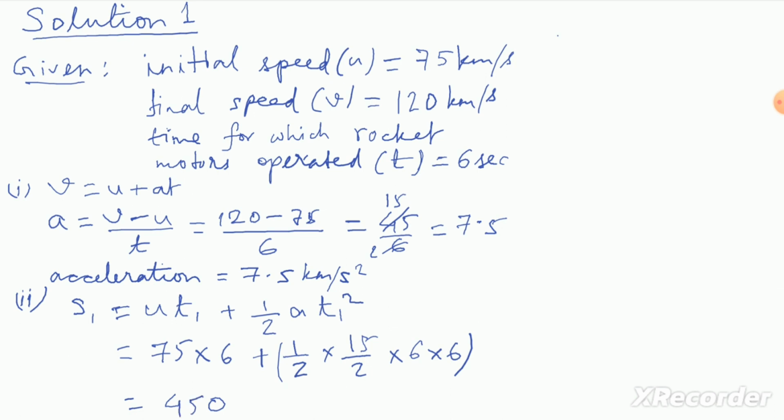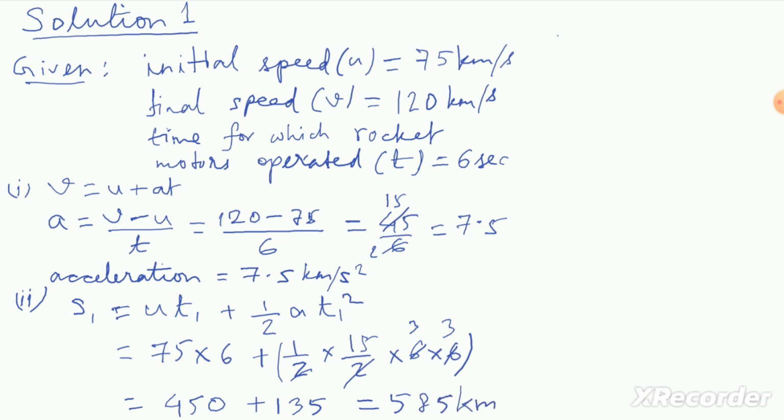So it is 450. And plus 15 into 9, which turns out to be 135. So you add up, how much does it become? It becomes 585 kilometer.